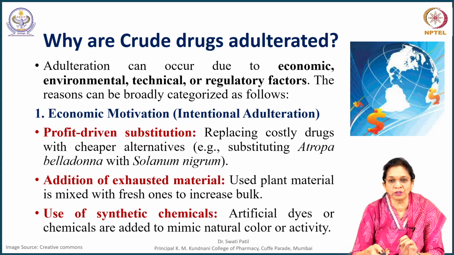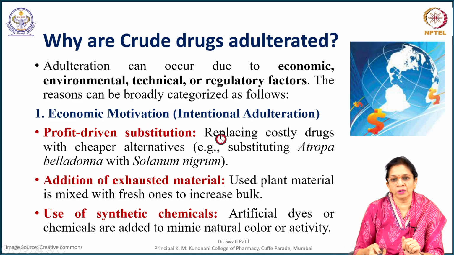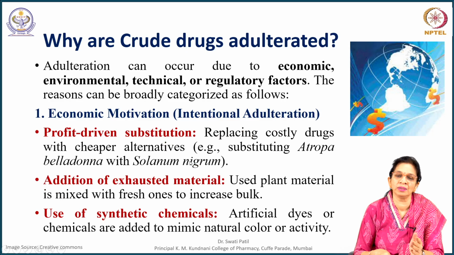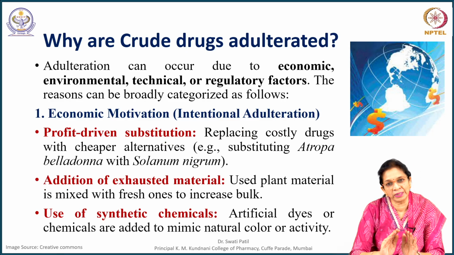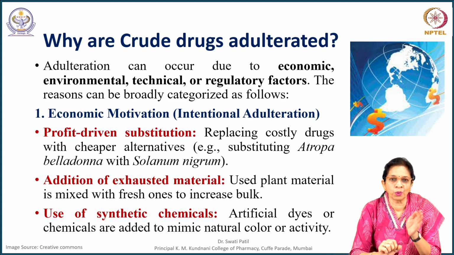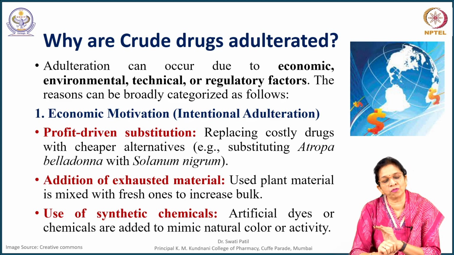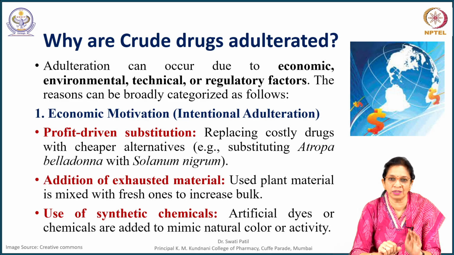Addition of exhausted material. Used plant material is mixed with fresh ones to increase the bulk. A best example here to quote is these umbelliferous fruits: fennel, coriander, caraway, ajwain, cumin. When you remove the volatile oil, the morphological features of these fruits remain a little unchanged.